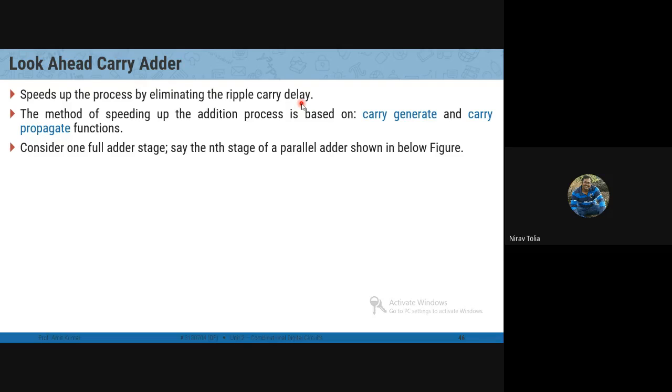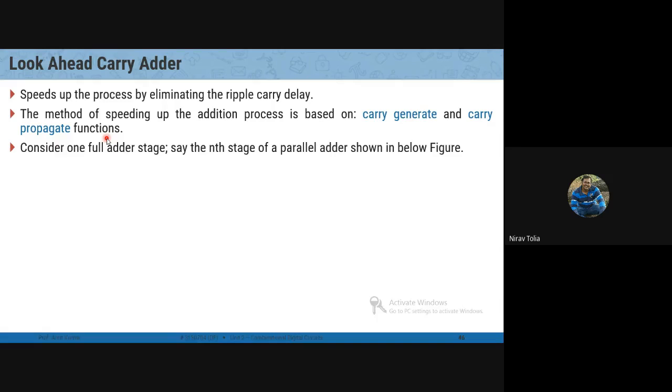So instead of a simple parallel adder, we can use the look ahead carry adder. The method of speeding up the addition process is based on the carry generate and carry propagate functions. So we have two functions here in a look ahead carry adder, which we can say are carry generate and carry propagate.